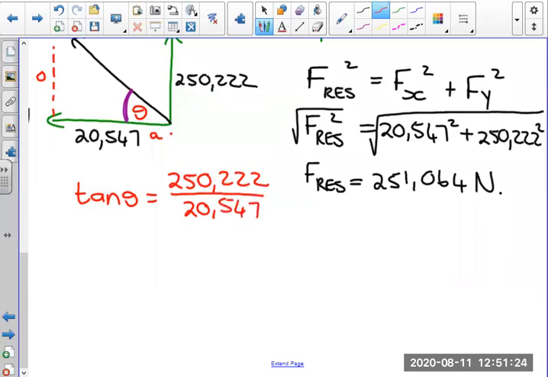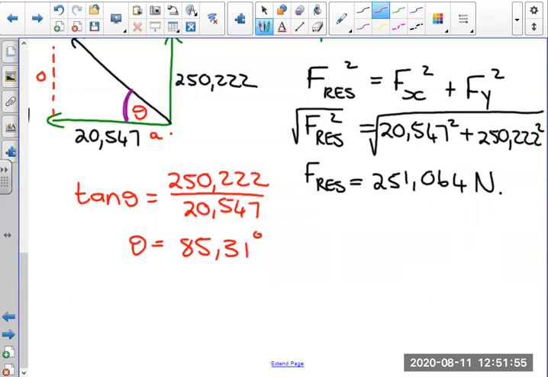On my calculator, I'm going to put in shift tan, then a bracket: 250,222 divide 20,547, close the bracket, get your answer. So the angle that we're going to get for this one is 85,31. But if you use this method, you must describe this angle.